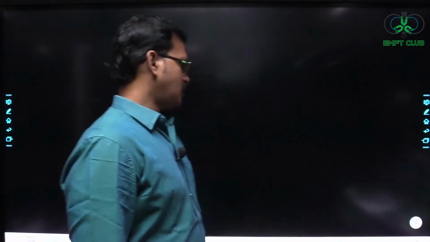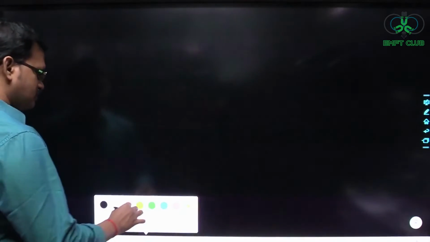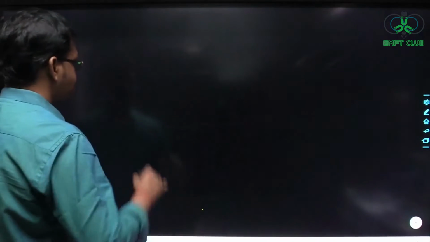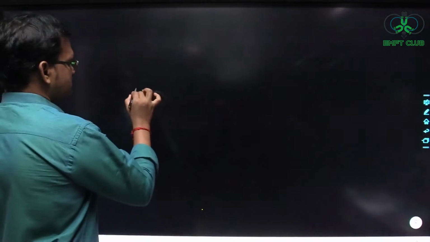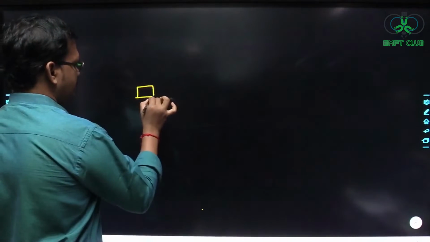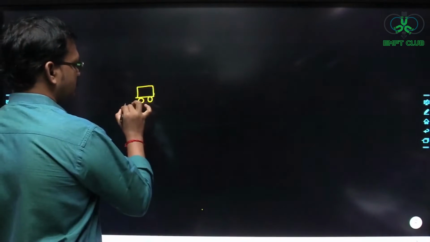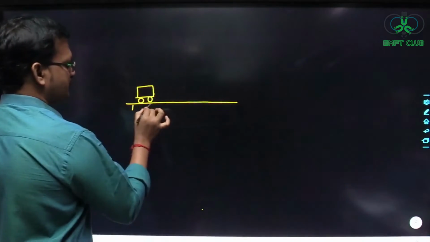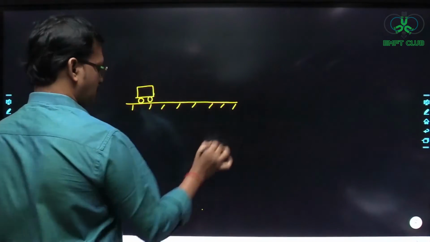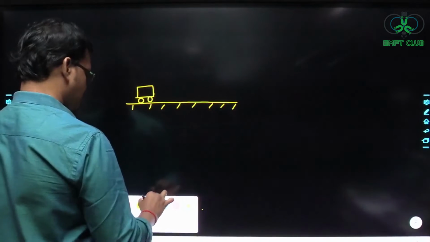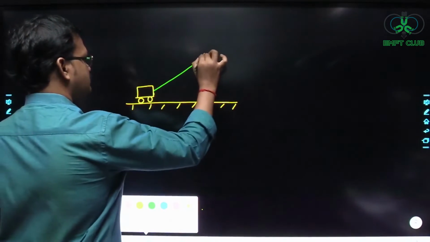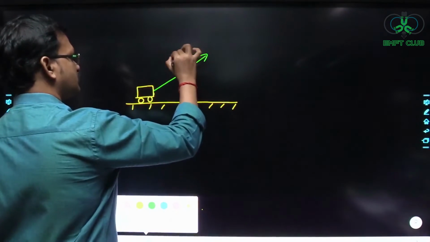We will see one physical interpretation of this dot product. See, suppose I am having a trolley here, let us say this is the trolley, right? So this is the surface, and a person is pulling this trolley in this direction. So that means he is applying the force in this direction.